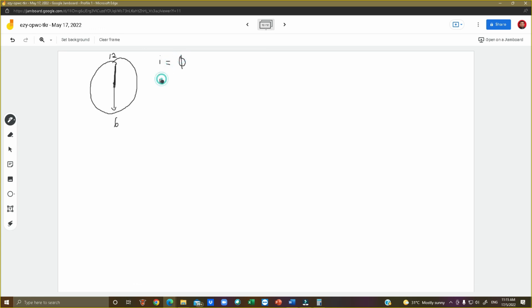Second one, what is the theta? And the third one, what is the alpha? Silakan.